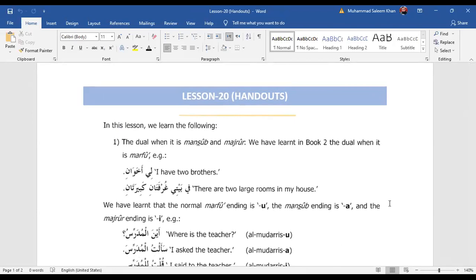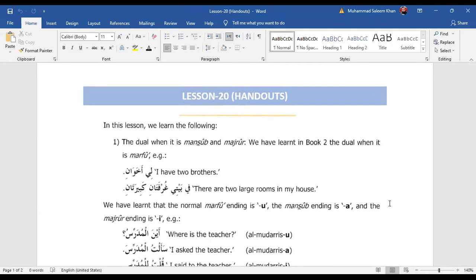Okay, if you remember, long back in the beginning, we learned about the dual for the noun, and we learned that the dual comes on the sound of ani, aini. Do you remember that?